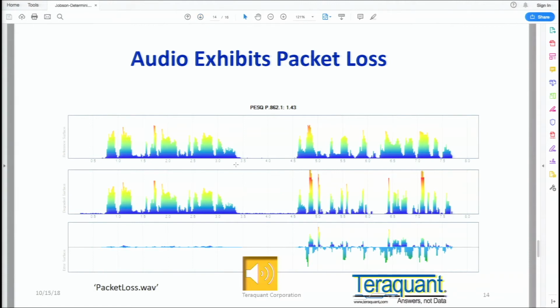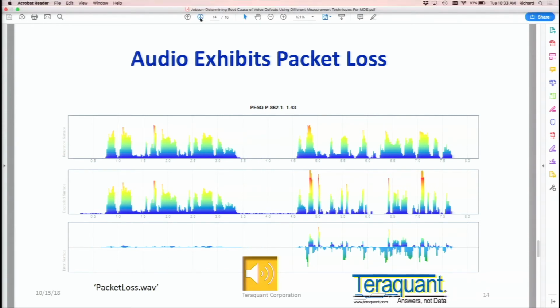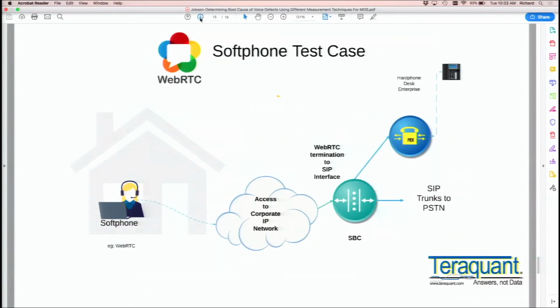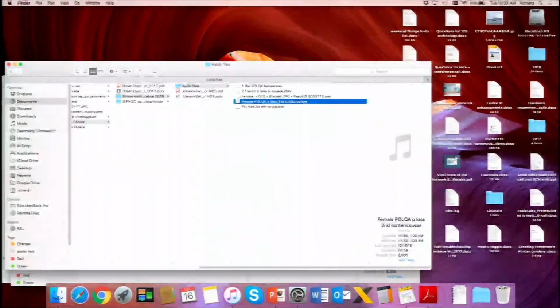So I played the one showing packet loss, which is a sharper cutoff of the voice. I'll just play you a clip here showing something else that may happen.